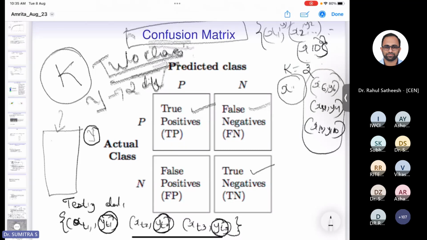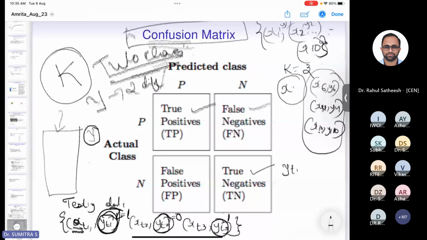We develop a model using training data, and we give only xt and ask the model to predict. It will give some values, and then we compare that with the given values. Let this be 1, this be 0, and this be 1.